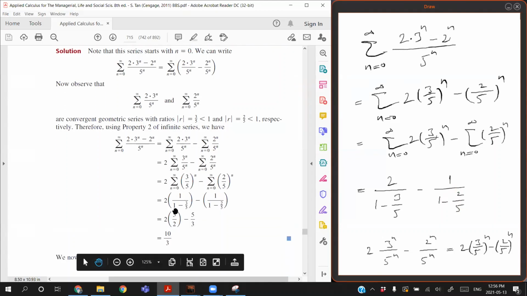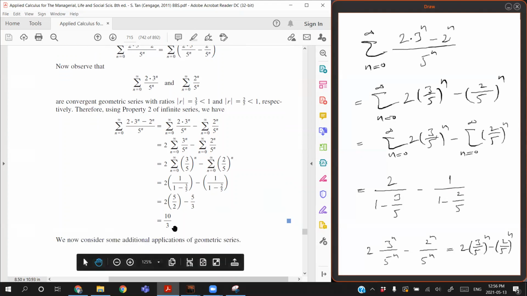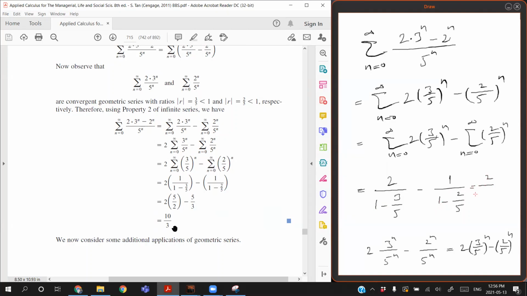So 2 times 1 over 1 minus 3 over 5 minus 1 over 1 minus 2 over 5. If you simplify that, you get 10 over 3. You can just replace this 1 here with 5 over 5, and this one here with 5 over 5, you get 2 over 2 over 5 minus 1 over 3 over 5.